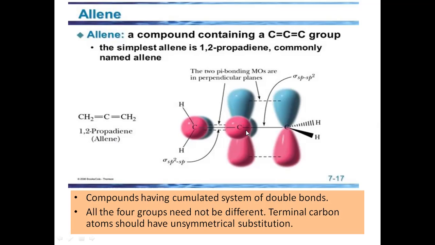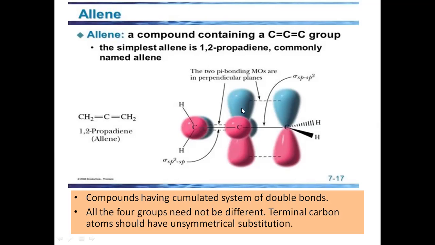Here are the orbitals. You see 2 end carbon atoms here. These terminal carbon atoms are sp2 hybridized, and this middle center carbon atom is sp hybridized.